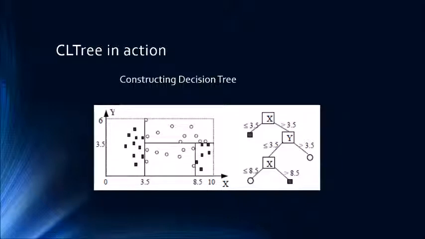On the right-hand side, the upper right region can be represented by x greater than 3.5 and y greater than 3.5 approaches to O, which is also the rightmost leaf. To build such a tree, we recursively use a divide and conquer strategy to partition the data. All the same, information gain is still commonly used to choose the best cut.